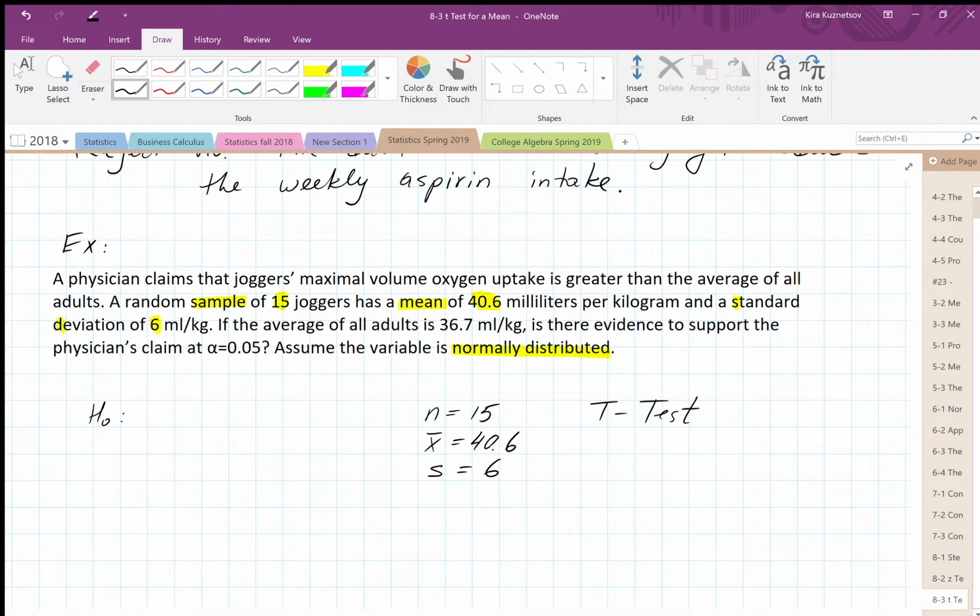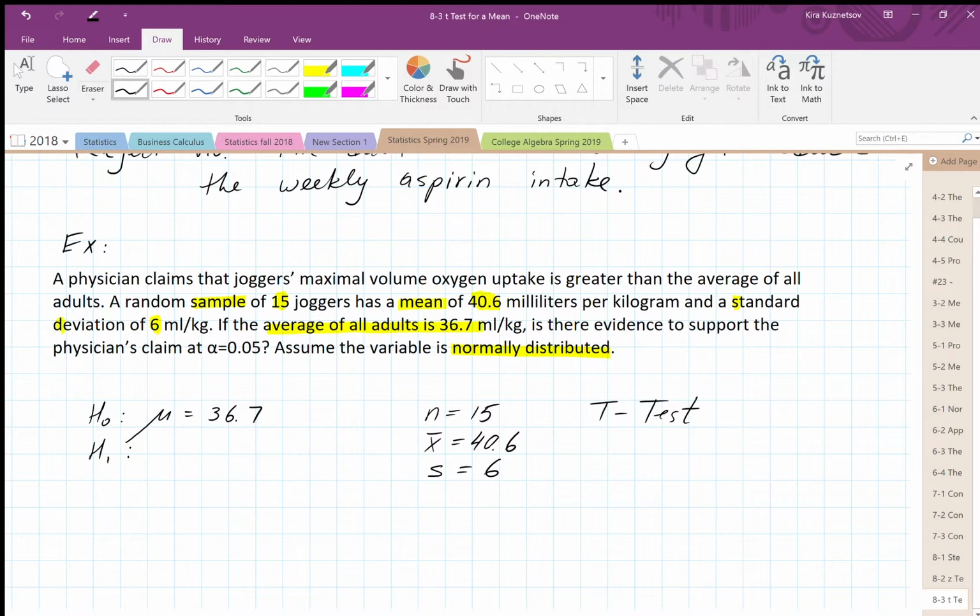If the average of all adults is 36.7, so this is your null hypothesis. The mu is equal to 36.7. The alternative hypothesis, I'm going to be looking for words like less than, greater than, or neither one.